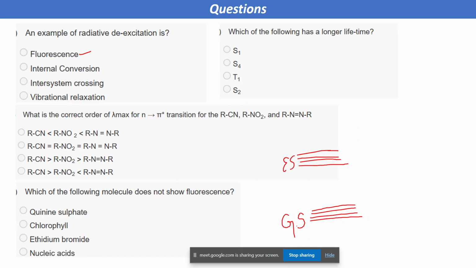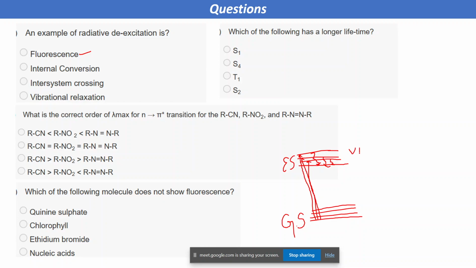Suppose you excite a molecule to a higher excited state, so basically the molecule can go to any vibrational band of the excited state. But then the molecule relaxes back to the lowest vibrational level of the excited state. Similarly, from here, it will relax back here. From here, it will relax back here. So this is vibrational relaxation.